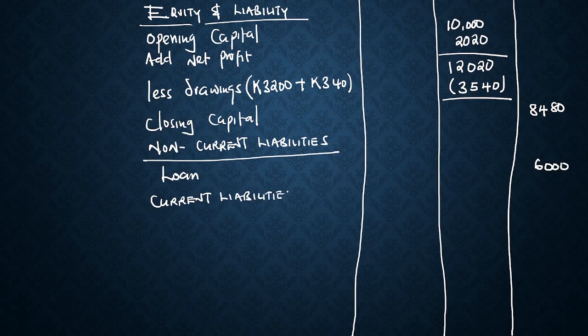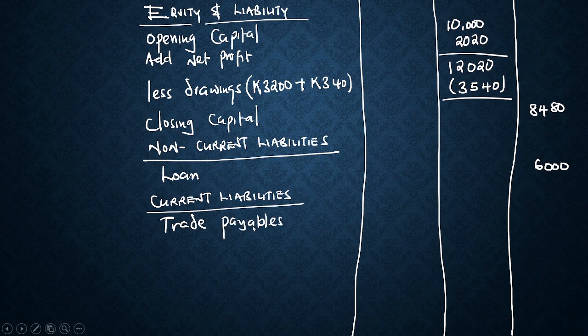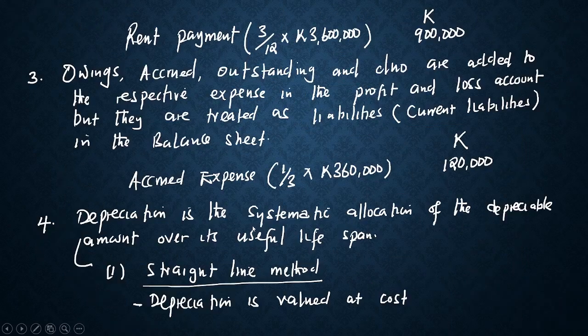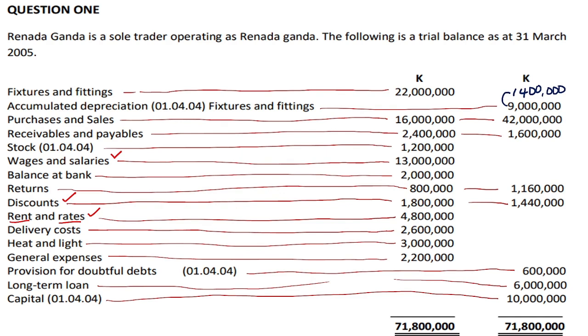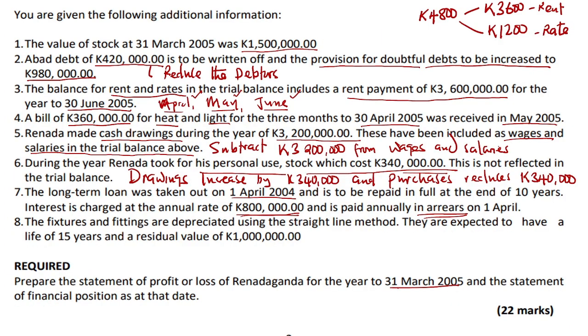Then our current liabilities. The so-called trade payables. How much? Payables, we had 1,600. Do we remember that we have got a loan interest that was accrued? Yes, 800.